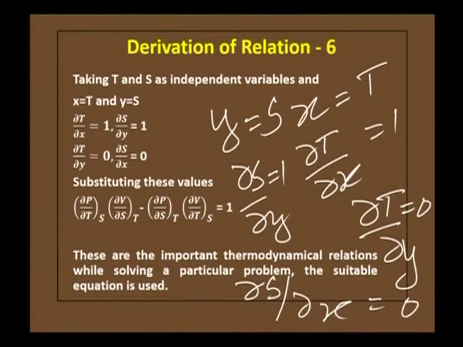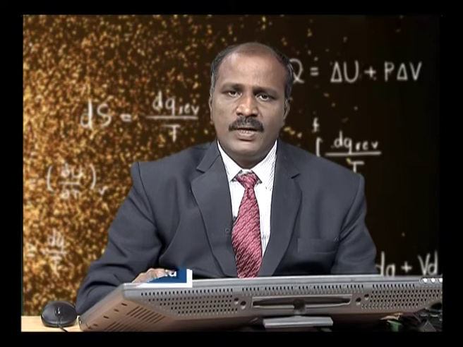So, these are the four partial derivatives. The values of the partial derivatives are ∂t/∂x is equal to 1, ∂t/∂y is equal to 0, ∂s/∂y is equal to 1, ∂s/∂x is equal to 0. Substituting these values, we have ∂p/∂t into ∂v/∂s minus ∂p/∂s into ∂v/∂t is equal to 1. So, these are the important thermodynamic relations. While solving a particular problem, the suitable equation is used.